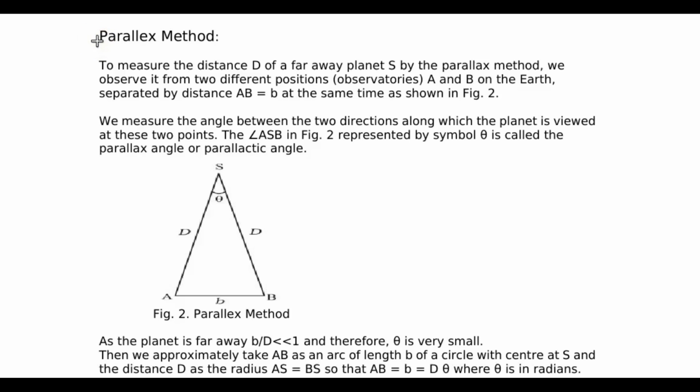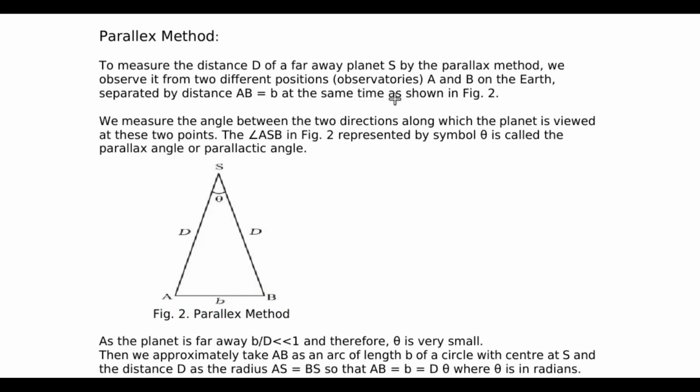Parallax method. To measure the distance d of a faraway planet S by the parallax method, we observe it from two different positions, A and B, on the earth, separated by a distance AB equals small b. You can see in the figure A and B separated by a distance small b.